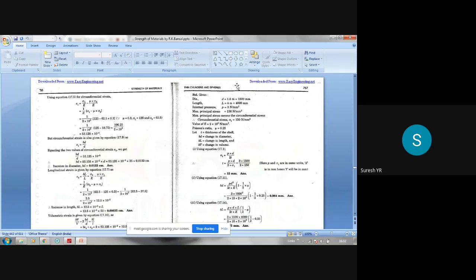Then the stress values and formulas are different. We will see that in the next class.